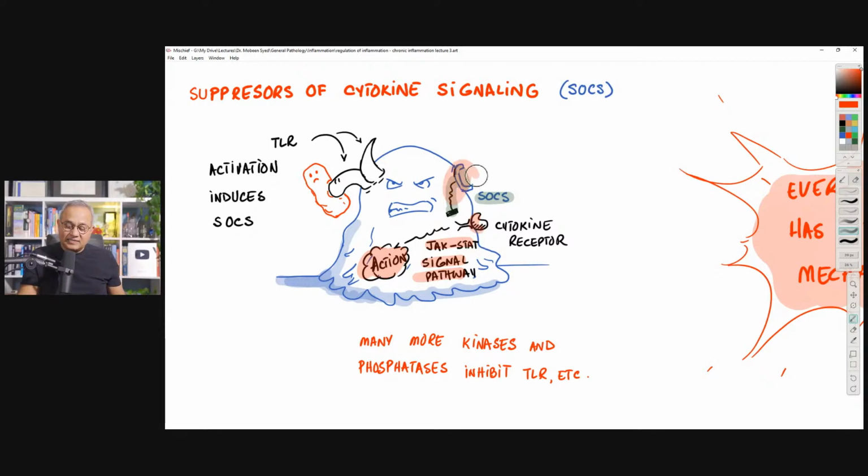And this extra receptor that is formed, or extra protein that is formed, will turn off the signaling of the cytokine receptor. That signaling, for those of us who are from the medical field or healthcare students, is JAK-STAT type signaling.